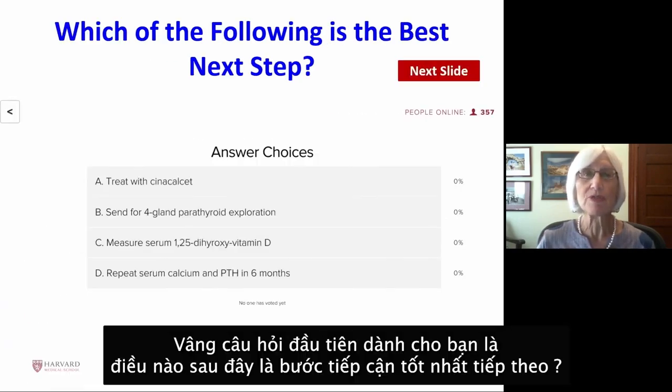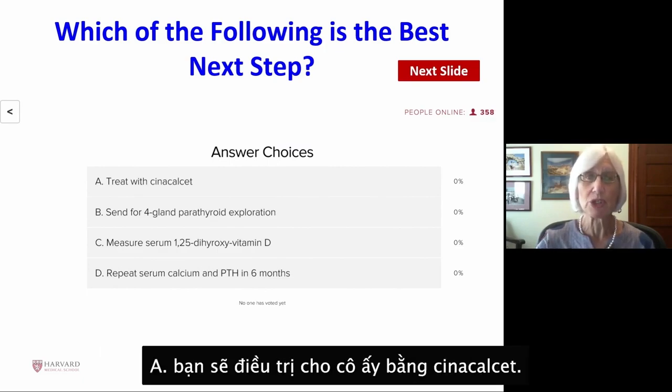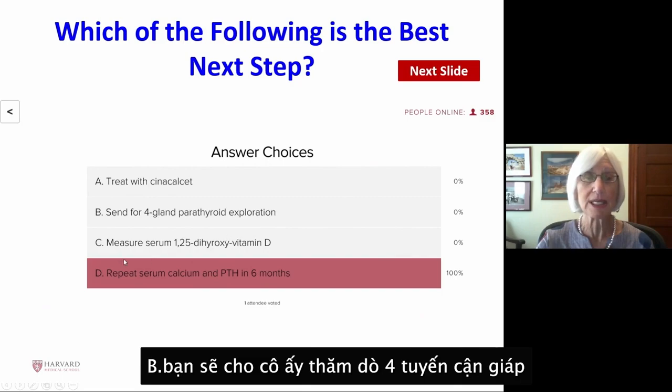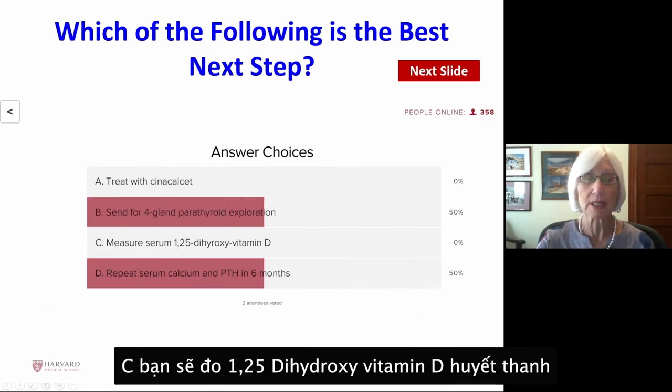So the first question for you is, which of the following is the best next step? A, would you treat her with cinacalcet? B, would you send her for a four-gland parathyroid exploration? C, would you measure her serum 1,25-dihydroxyvitamin D?